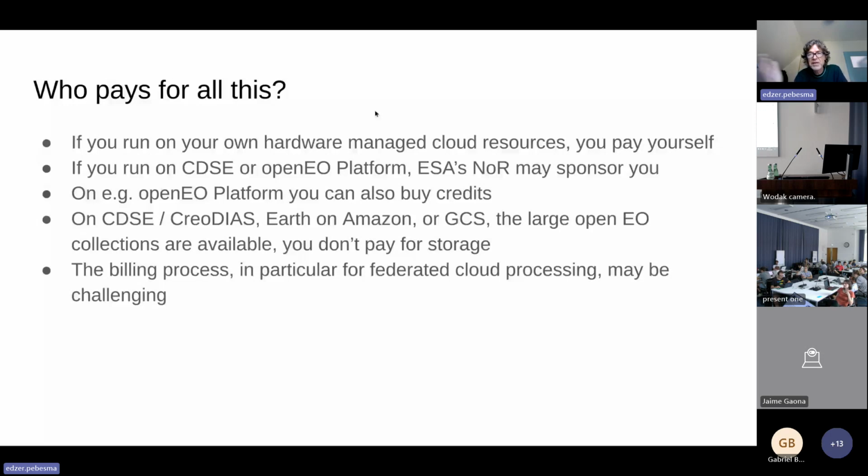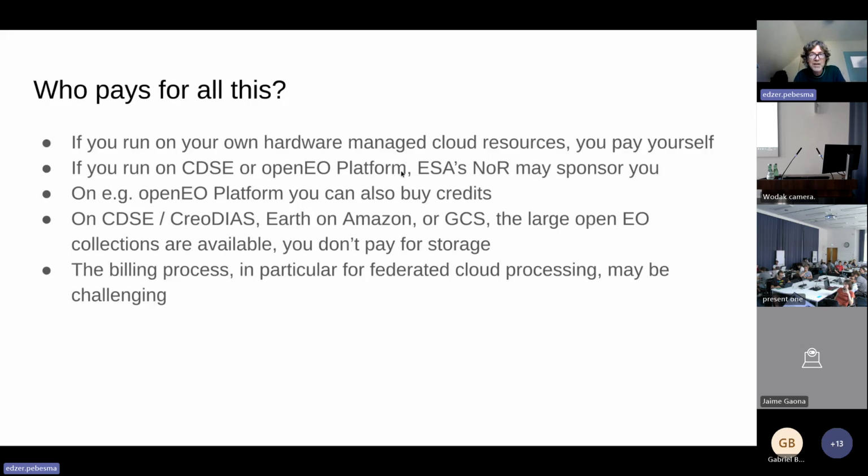So you can skip these authentication steps and so on, because you already control the hardware, you're already logged in, right? If you're on public platforms like the Copernicus Data Space Ecosystem or openEO platform, there are two platforms, as Patrick mentioned yesterday, that now exist, and they're probably trying to converge, because it doesn't make so much sense. So this is some sense of how things evolve over time.